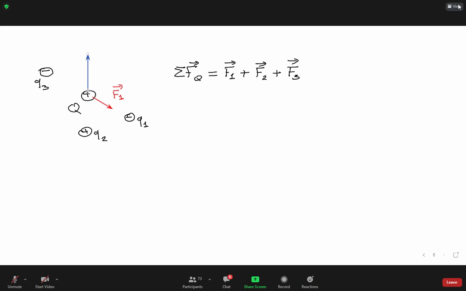I'm making up the magnitudes here because I don't know how big these charges are. But we're not interested in detail here. We're just interested in a little intuition. And then there's going to be a third force acting on big Q due to Q3, which will also be an attractive force. So it's going to look something like this. Let me call this one F3. And I have to add these up as vectors.